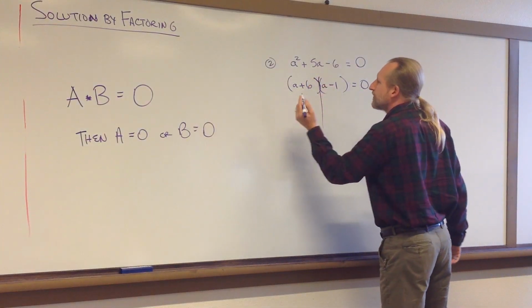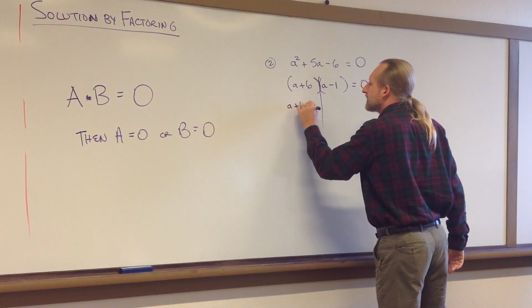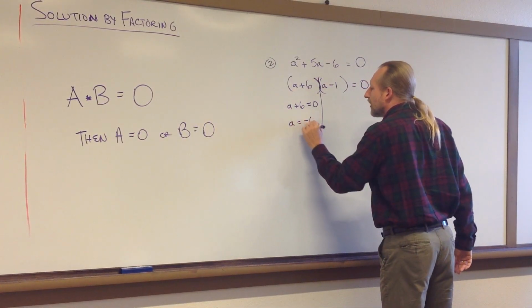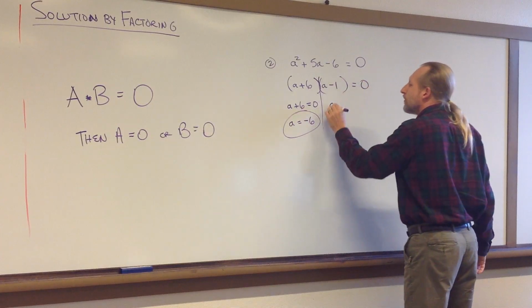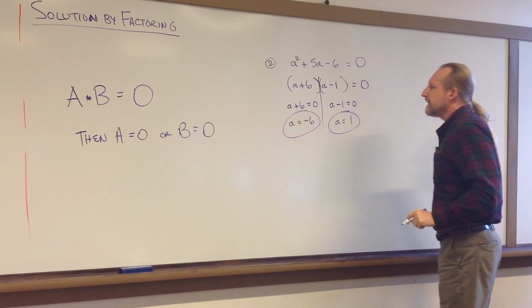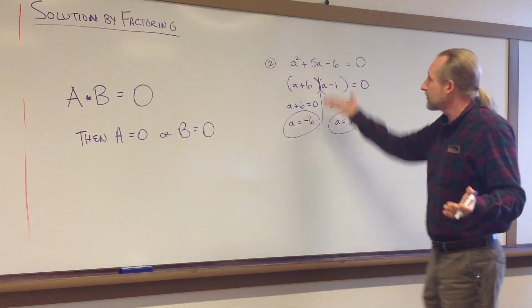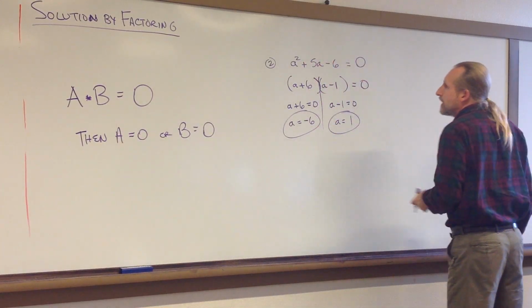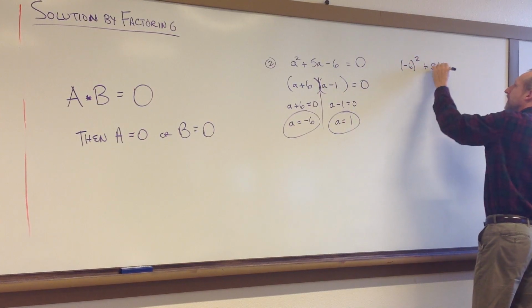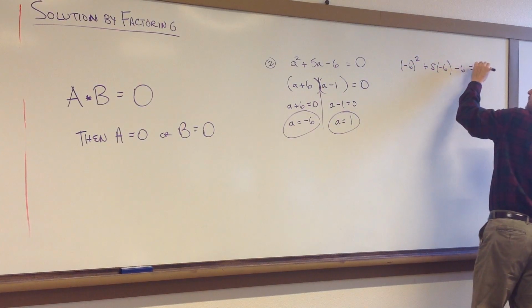The way we can solve this without guessing is to say, well, what value for a would make this be 0? Negative 6. Over here, what value for a would make this be 0? A equals 1. So there's two possible solutions to this, and you can plug them in and check it out. See if you've got negative 6 squared, 5 times negative 6.